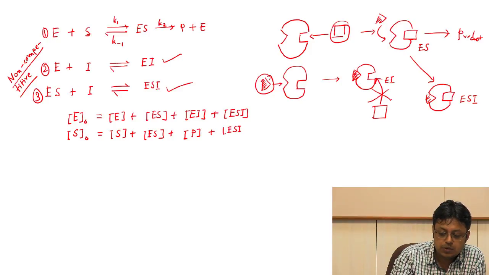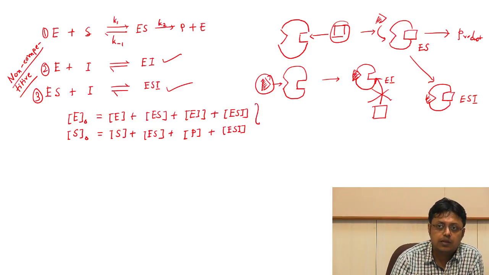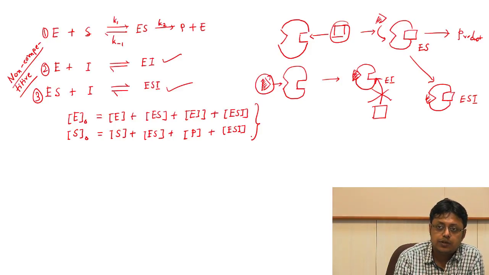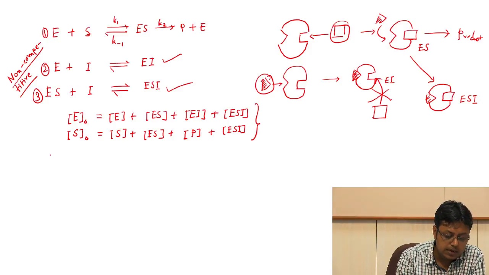And using these two, you can actually figure out what is the value of the steady state concentration of ES, enzyme substrate complex, and now you can put it back into your rate equation, and write it in terms of the Lineweaver-Burk way, and then you will figure out a very interesting equation.